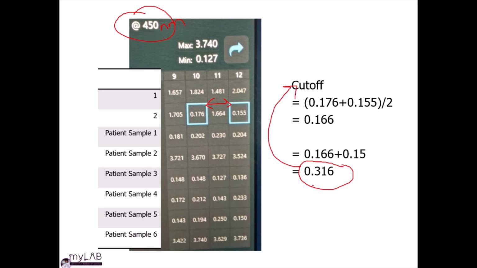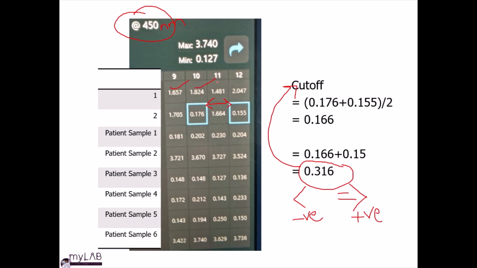Now that means that any value less than 0.316 is negative, and any value above and equal to 0.316 is positive.